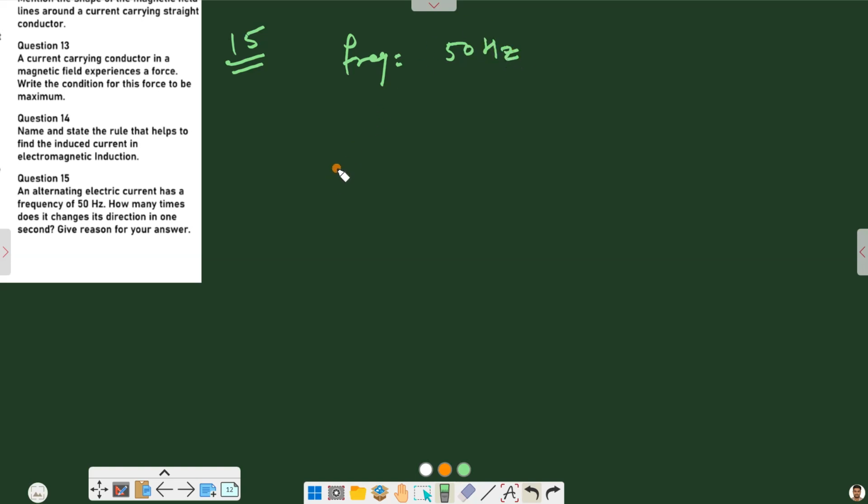Now we know if we draw the cycle for a 1 Hz wave, a 1 Hz or 1 cycle wave looks like this. We have this crest and this is known as trough. So here we have positive, here we have negative. In this one cycle wave, the wave has changed its direction 2 times.